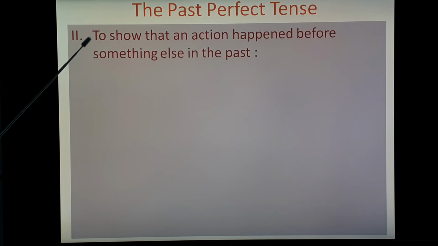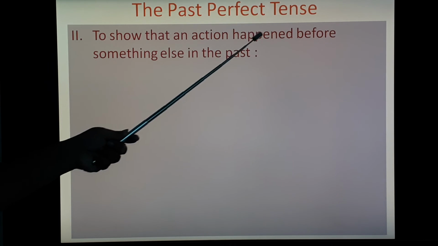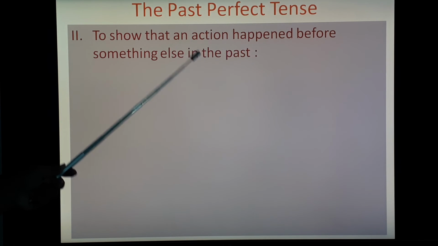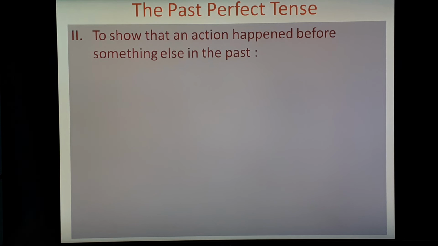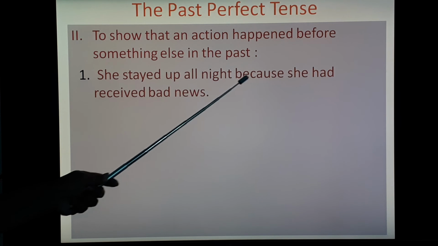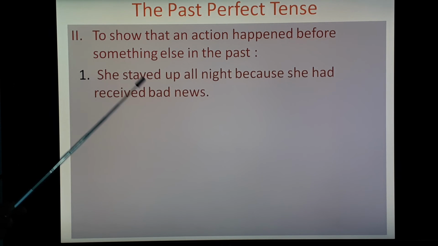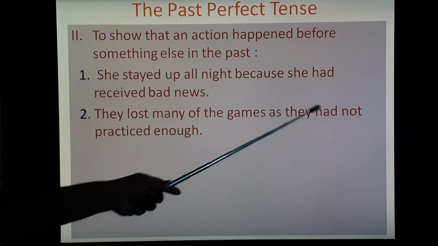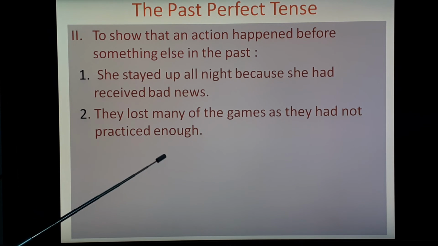Second usage, to show that an action happened before something else in the past, we can use the past perfect tense. First example, she stayed up all night because she had received bad news. They lost many of the games as they had not practiced enough.